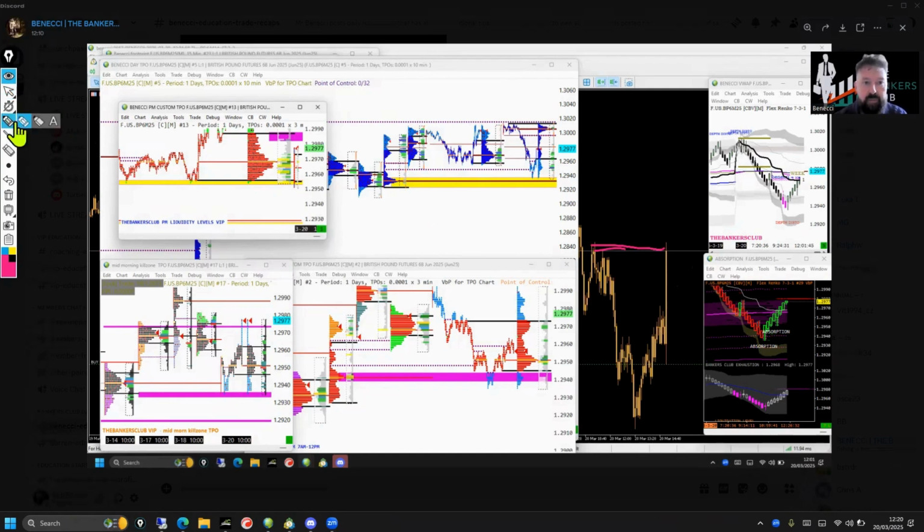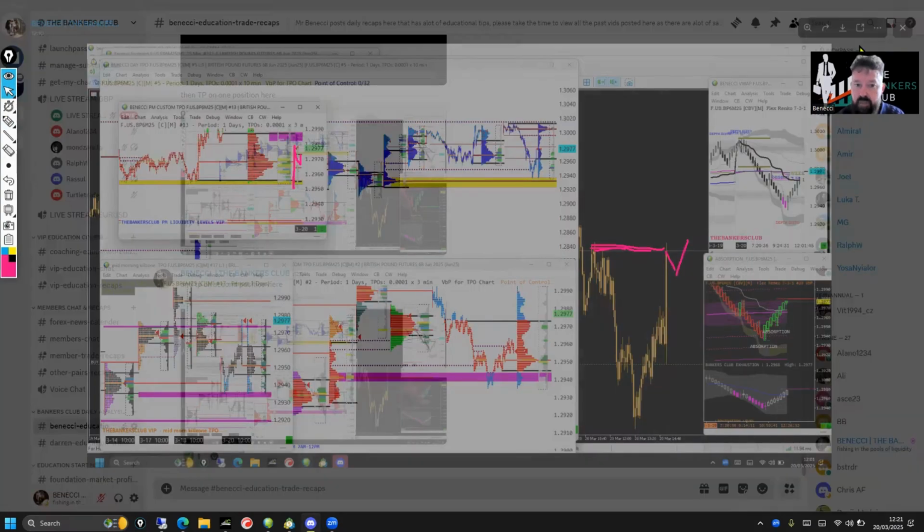I closed it out as well because I was expecting a bit of a pullback because my afternoon chart had then opened at a specific time. You can see we've got that long, thin single print all the way up. So I knew we'd get some sort of mini rejection. So I just wanted to see that liquidity get swept above there. Thought we might come down a bit lower and then we may see a continuation, but I just wanted to bank my money at that point. So that was where I closed out my second position.